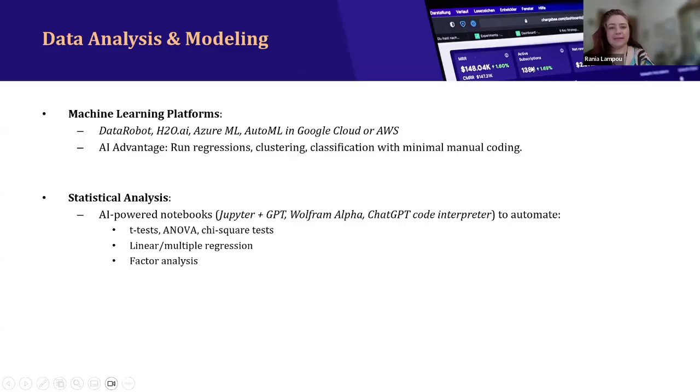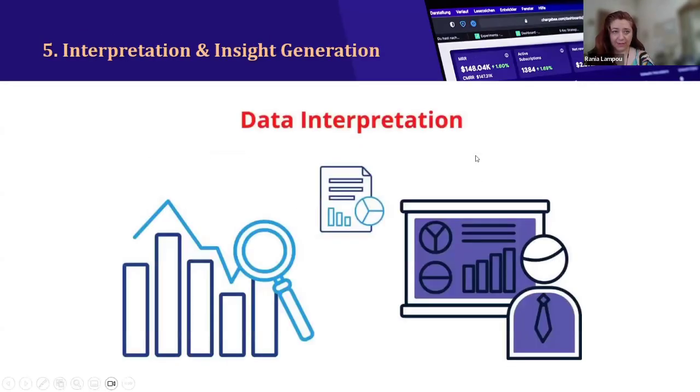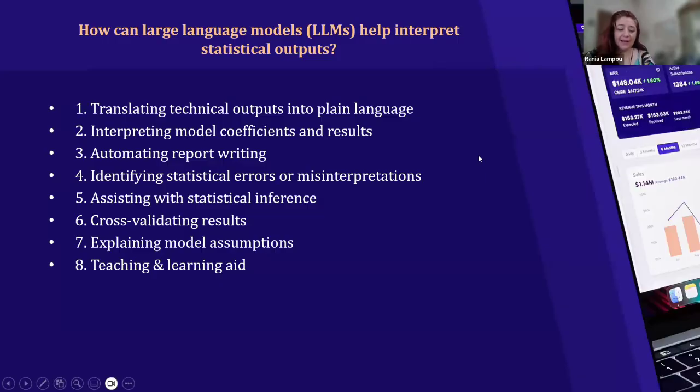For data analysis and modeling, we have some amazing machine learning platforms like DataRobot, Azure ML, and AutoML on Google Cloud. For statistical analysis, AI-powered notebooks can automate tests, linear and multiple regression, and factor analysis. For interpretation and insight generation, we have large language models which can significantly enhance the interpretation of statistical outputs.